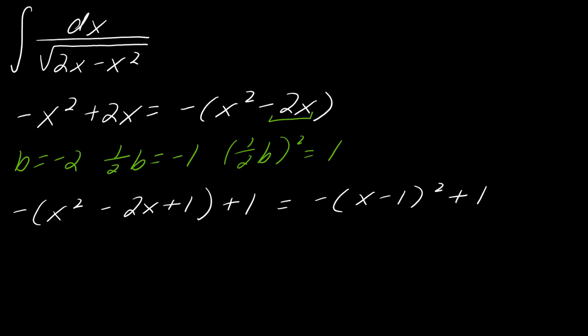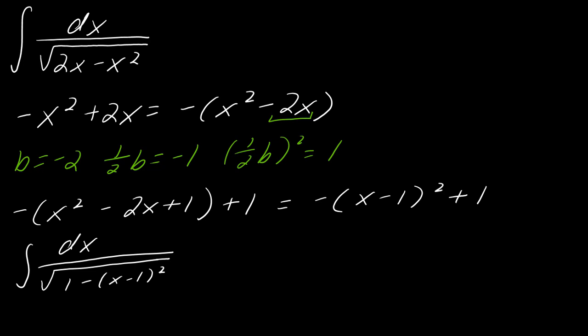Okay, so let's see what that buys us. Now I'm going to rewrite this problem as the square root of 1 minus x minus 1 squared. Now notice that if I try to use substitution, if I set my u equal to x minus 1, then my du will equal dx.